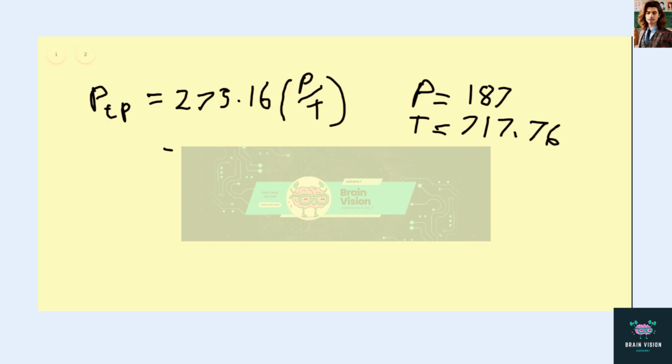Substituting that all in, we get that PTP is equal to 71.2 torr.